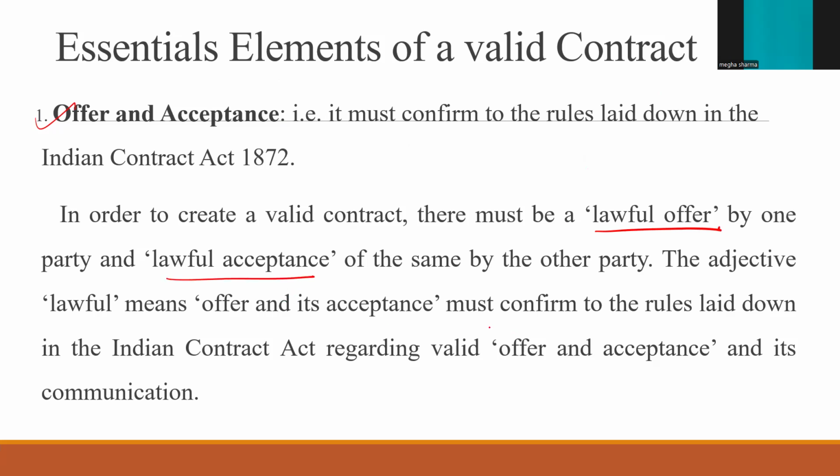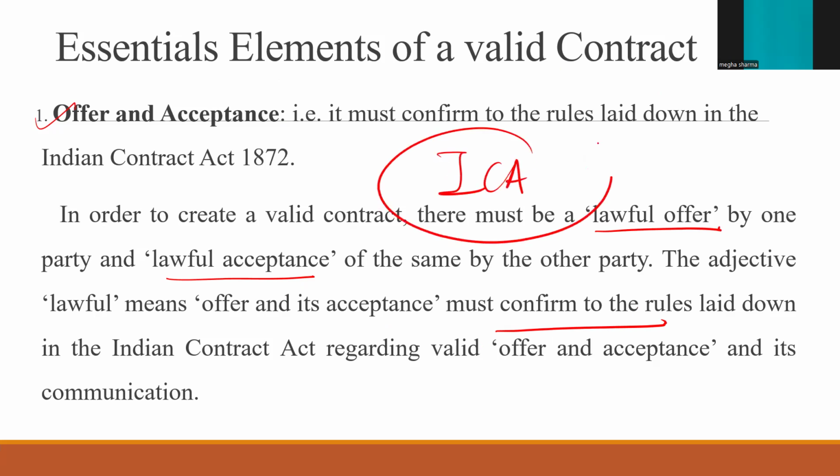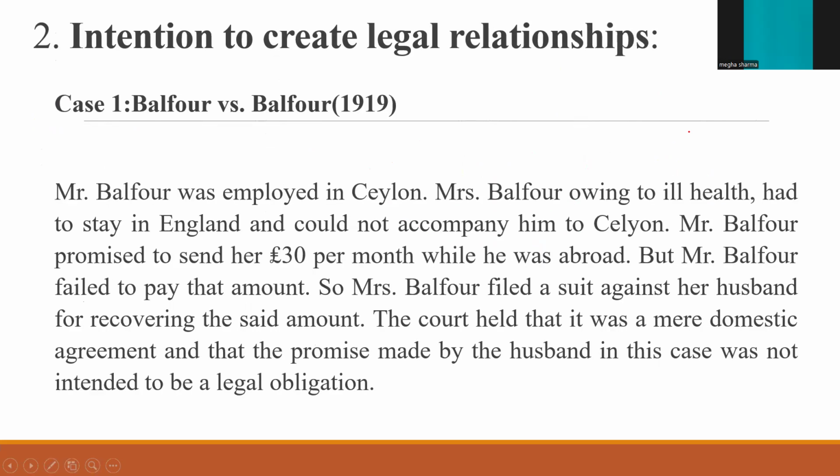What do we mean by lawful offer and lawful acceptance? They should conform to the rules laid down by ICA 1872. All offers and acceptances should be done as per ICA 1872. And what are those parameters? We'll be discussing them in the next slides.